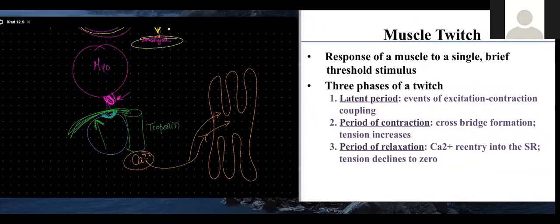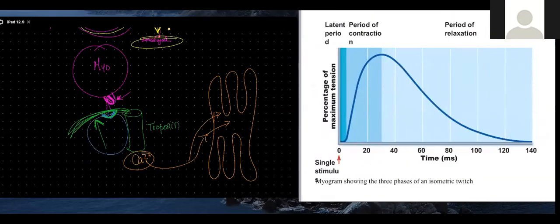So the simplest form of a muscle contraction is what we call the muscle twitch. What is the muscle twitch? This is the minimal muscle contraction that can be performed. A muscle twitch results from a single stimulus, and this stimulus needs to be at least a threshold stimulus.